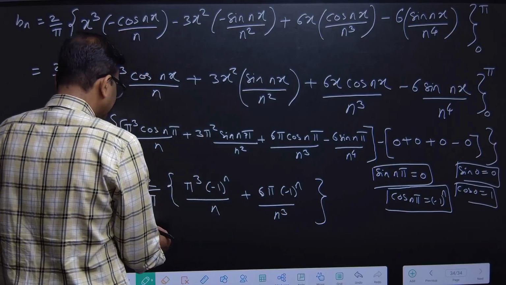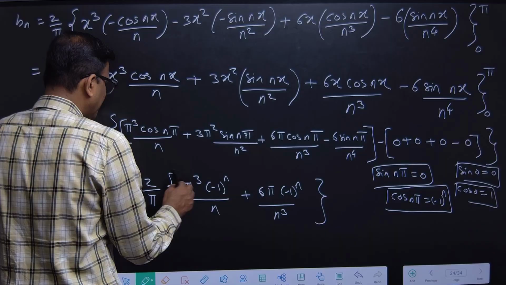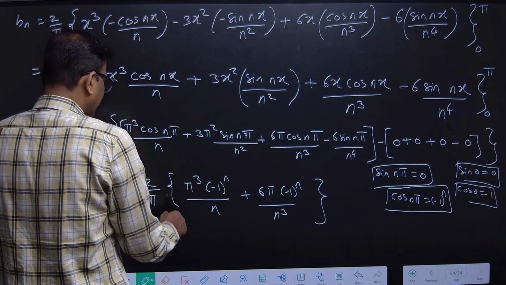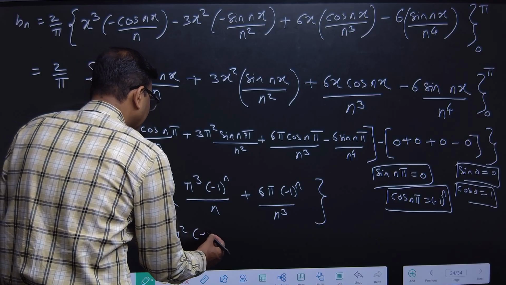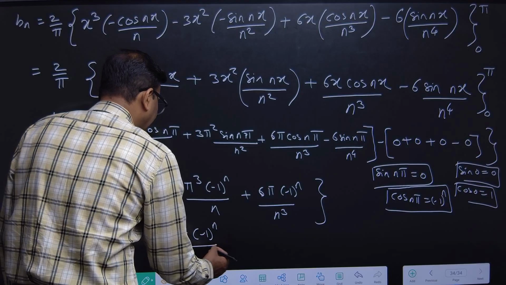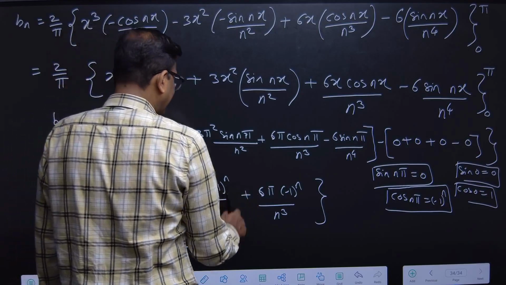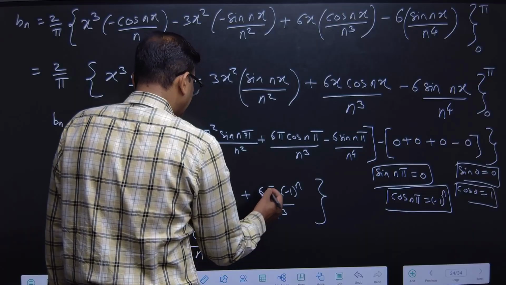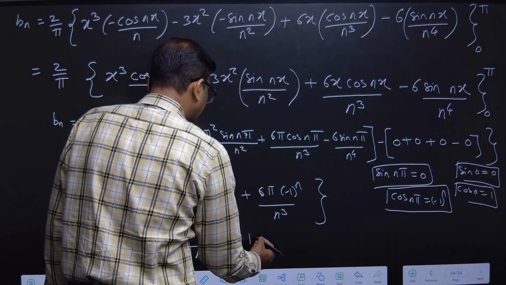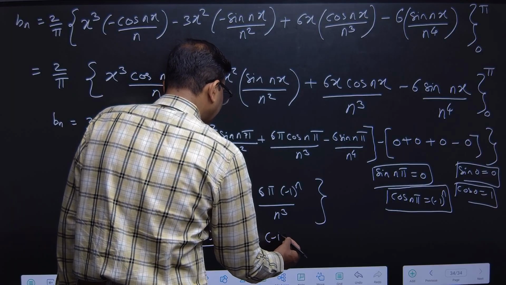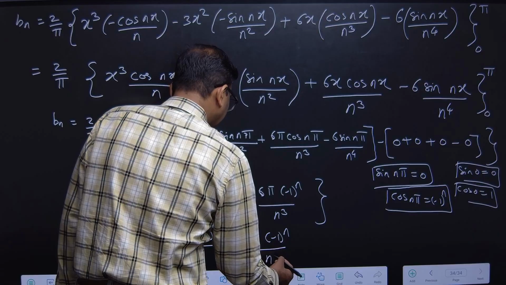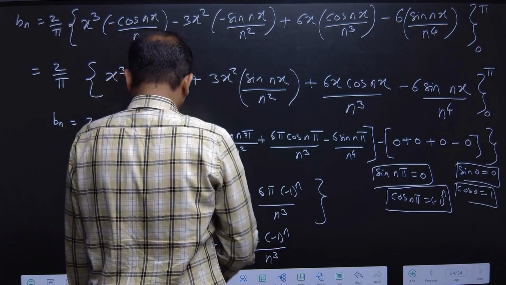Multiplying it to this first term, this becomes 2 pi square into minus 1 raised to n upon n. If you multiply it to the second term, pi gets cancelled, 2 into 6 will become 12 into minus 1 raised to n upon n cube. So that is our Bn.